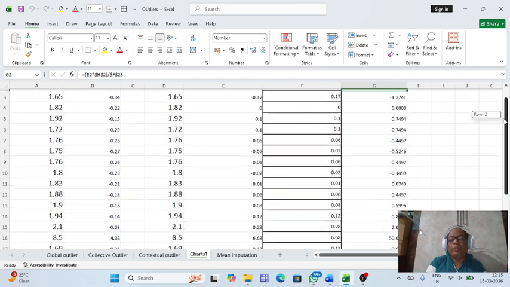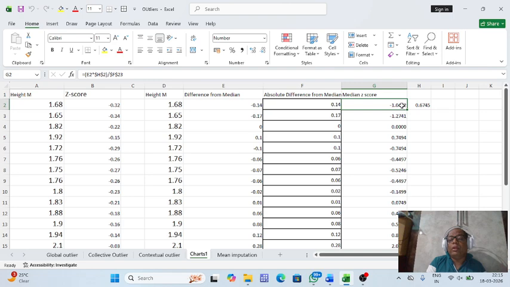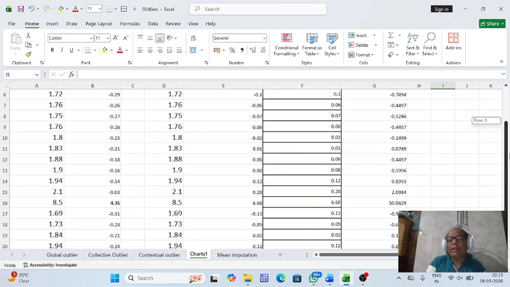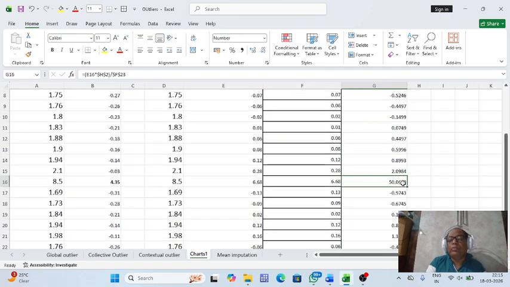It is 0.09. You will get this formula and this value of minus 1.0492. If you scroll it down, you can see that for 8.5 meters it is 50.0629.